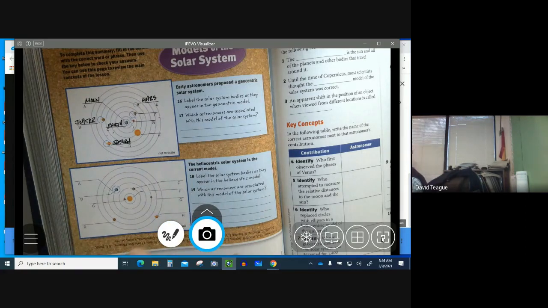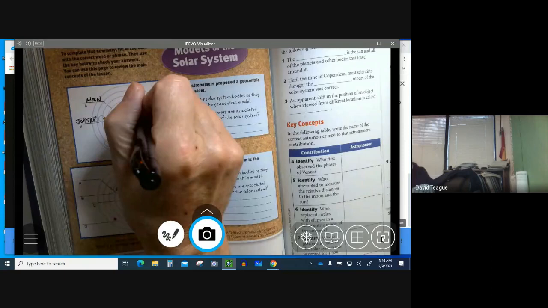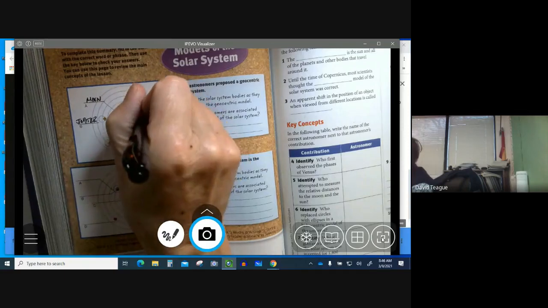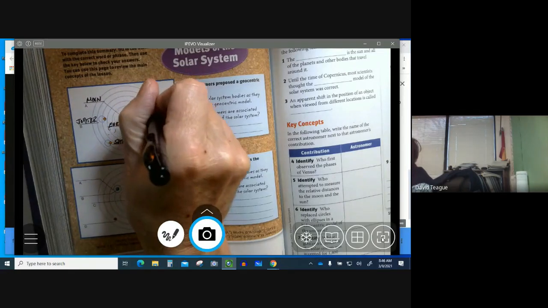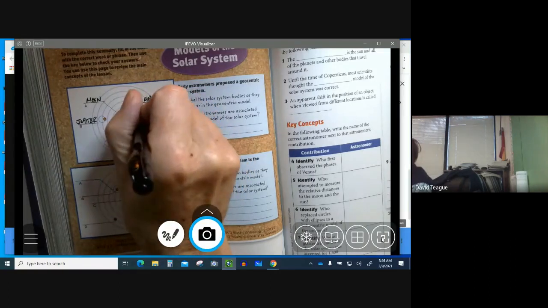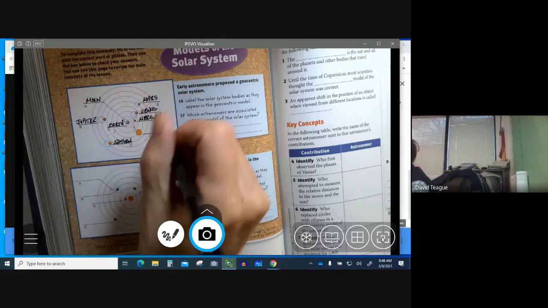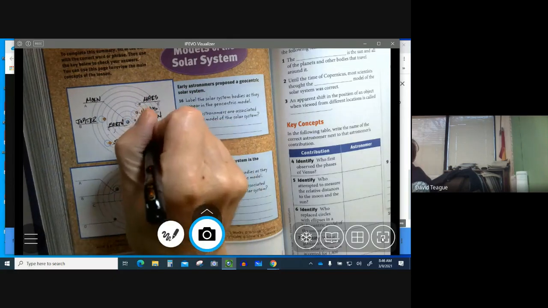What are the 2 closest to the sun? Venus and Mercury. So F is Venus. G is Mercury. And H obviously is the sun.